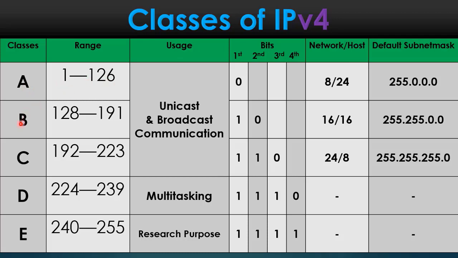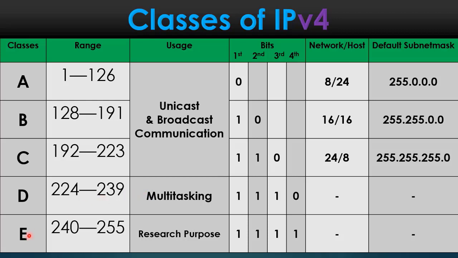Class B range starts from 128 and ends at 191. Class C range starts from 192 and ends at 223. Class D range starts from 224 and ends at 239.